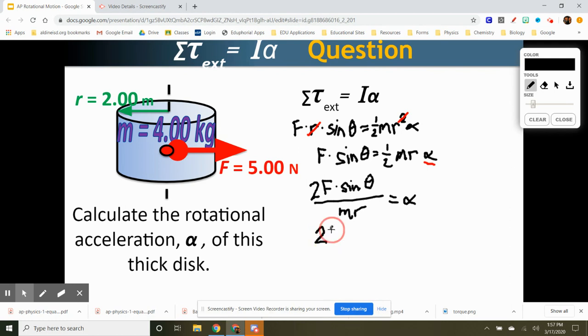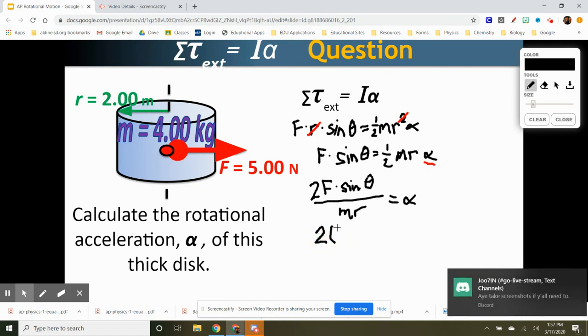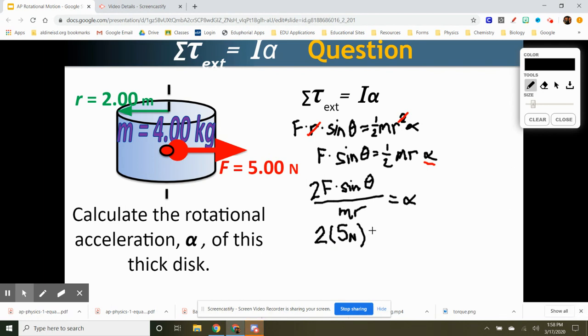So 2, and I'm going to substitute my numbers. Force was 5 newtons, sine of 90. Okay, because we weren't given an angle, so we'll just say that it was 90.